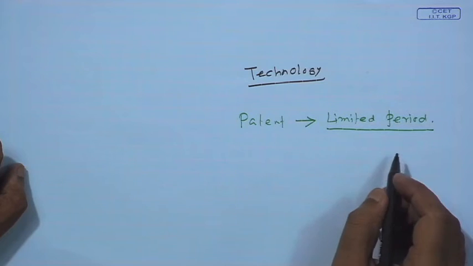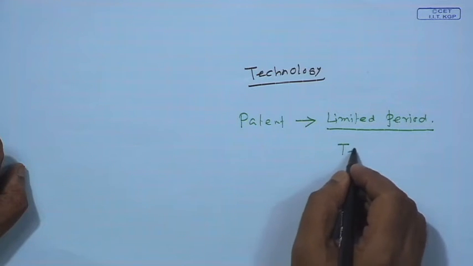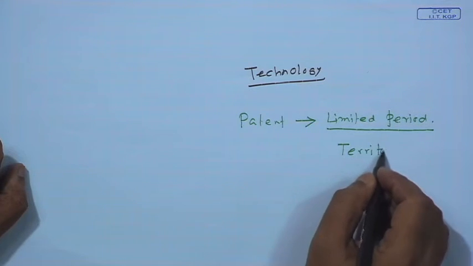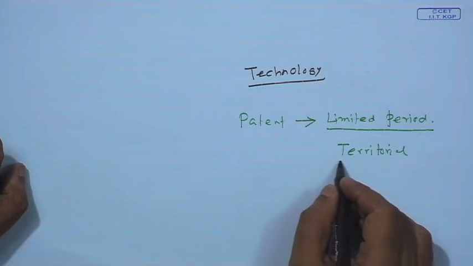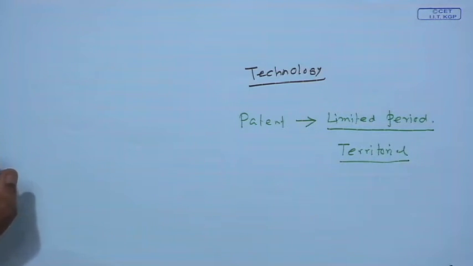So in a patent, what features are we getting? Limited period, and as I told, territorial. Let me explain that part. What do you mean by territorial? If you have a patent in India, your right is restricted only to India.